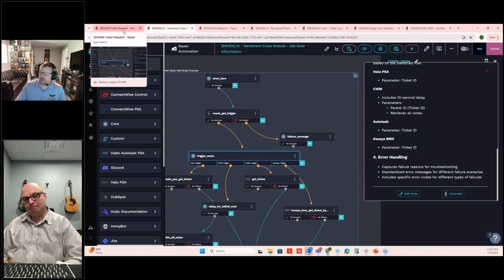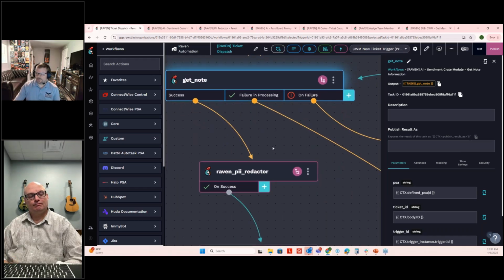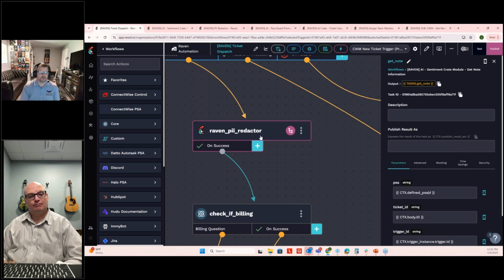Yeah. For sure. So after we get the note, this is something that our team developed as a PII redactor. If you're using something like Microsoft Azure AI, any information that you pass to that, according to your Azure terms, should remain inside of your own environment.